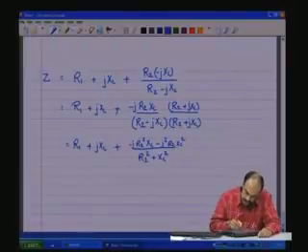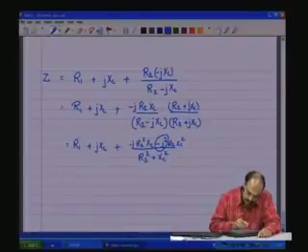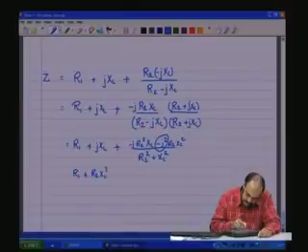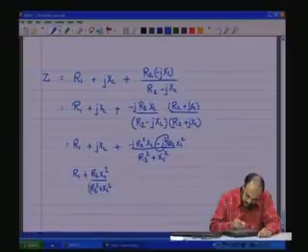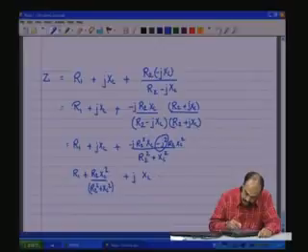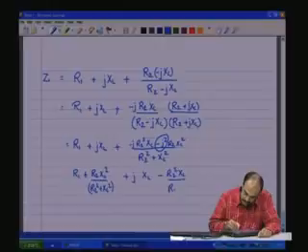Okay. So, this portion here is 1. So, that becomes a real component R1 plus R2 XC square divided by R2 square plus XC square, that is the real portion, plus j XL minus R2 square XC divided by R2 square plus XC square.